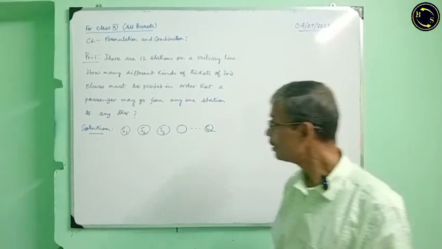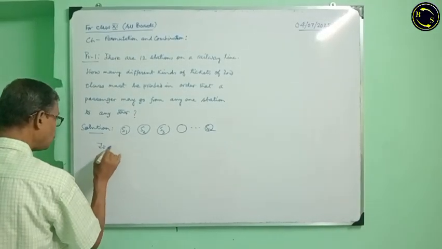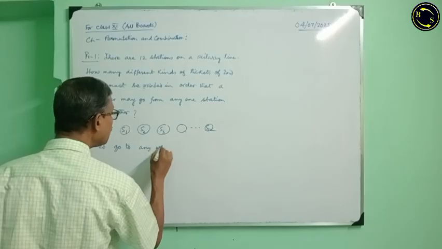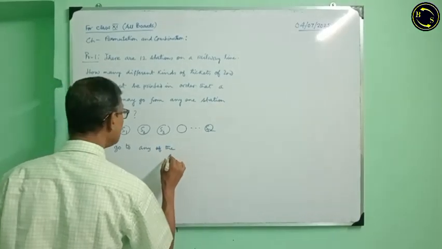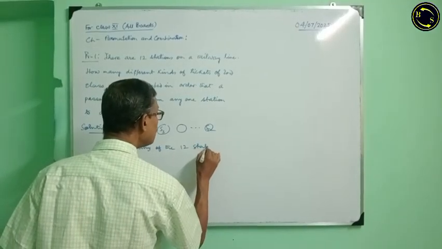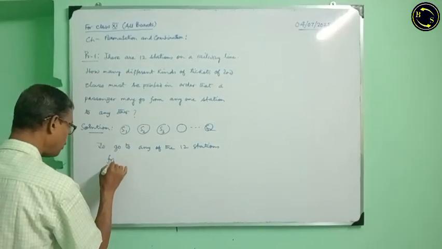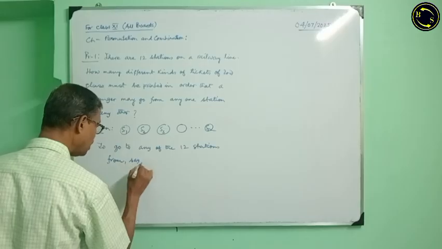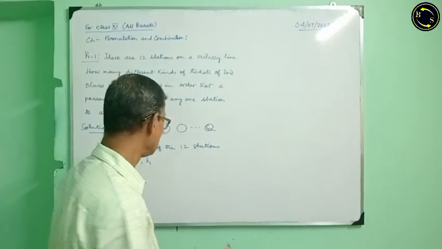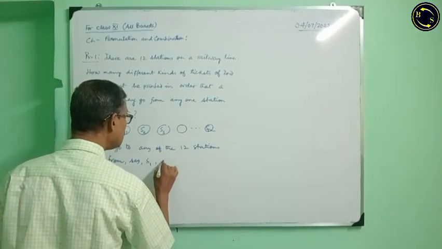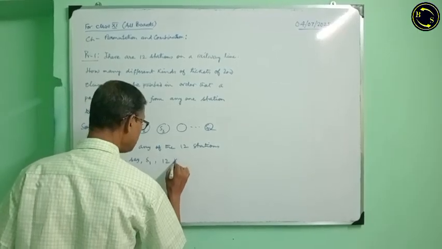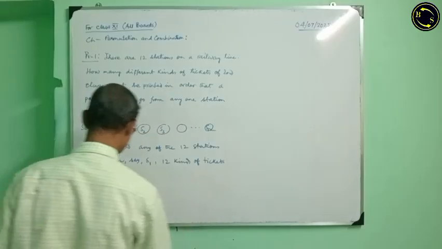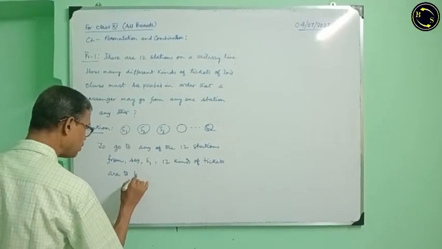That means 12 ways to go to any of the 12 stations from, say, S1, the first station. 12 kinds of tickets are to be printed.